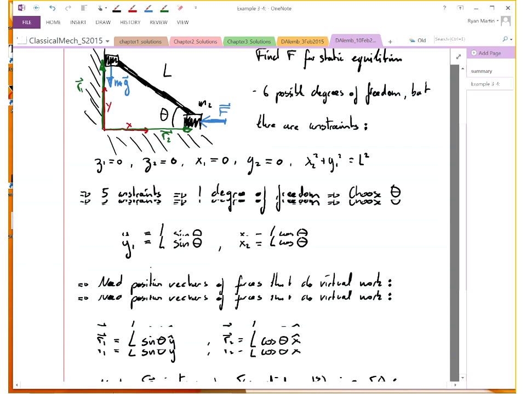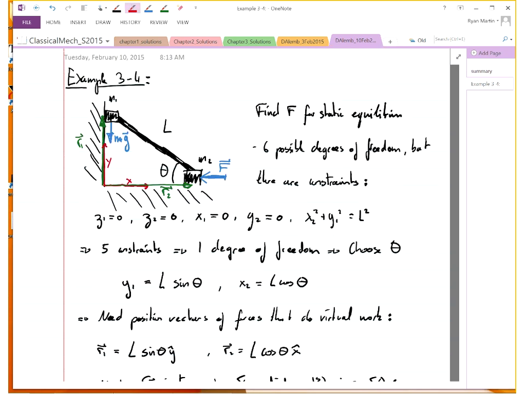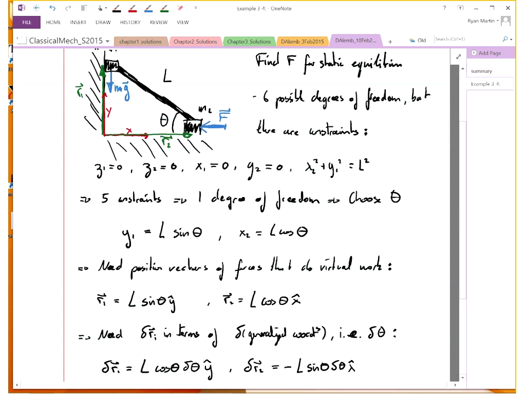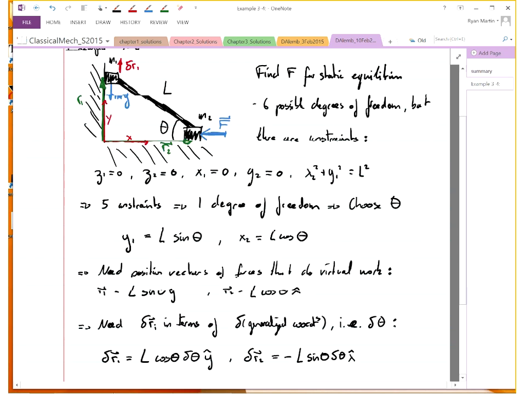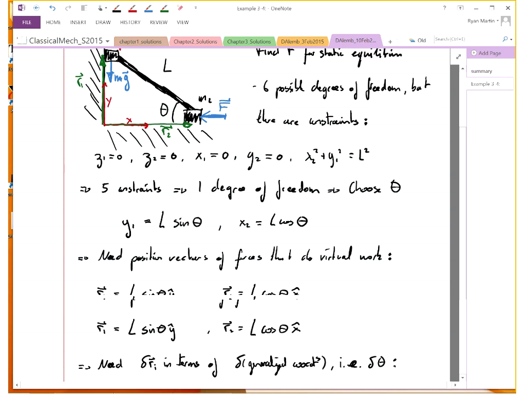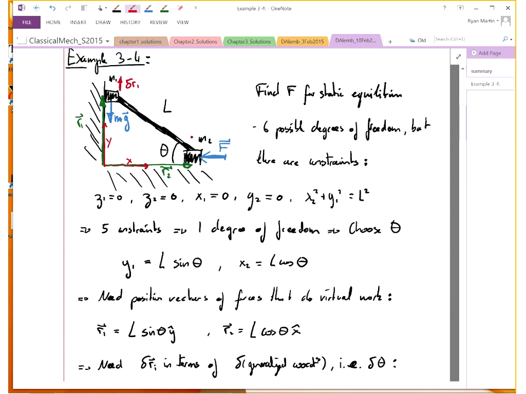So if I draw these on the diagram here, delta R1 is in the positive y hat direction. And delta R2 is in the negative x hat direction. And they don't have the same length, right? And so you can see that this sort of makes sense.